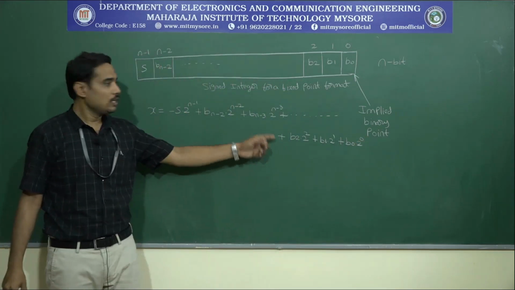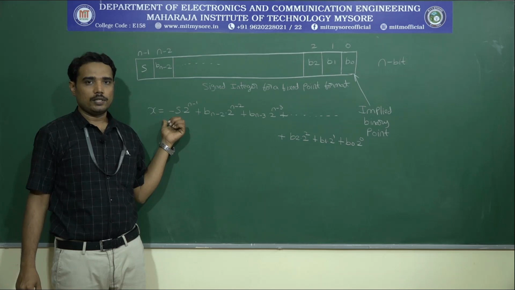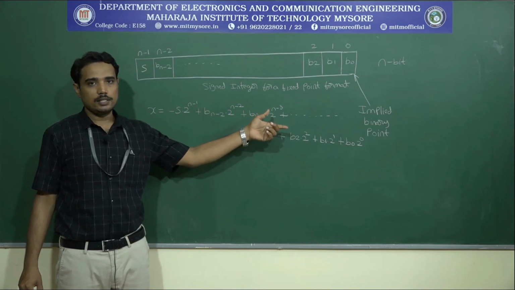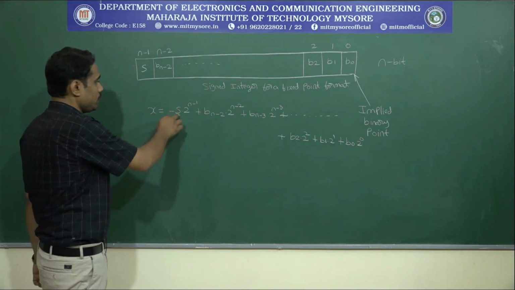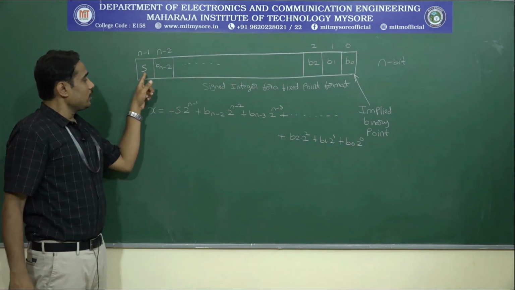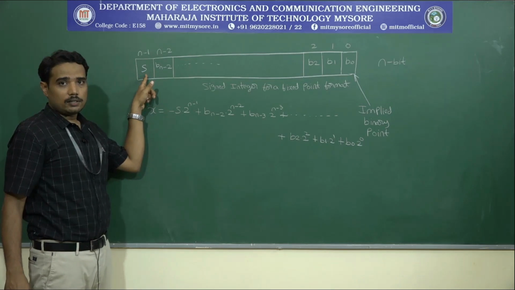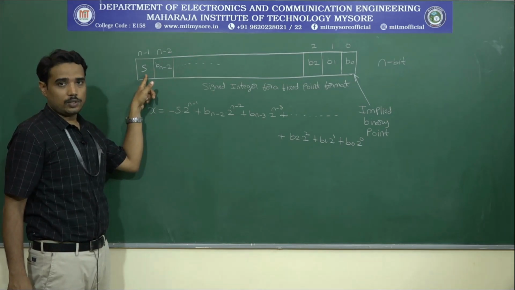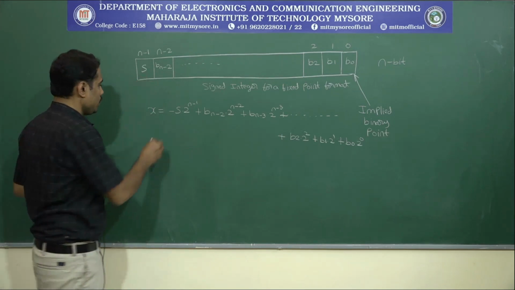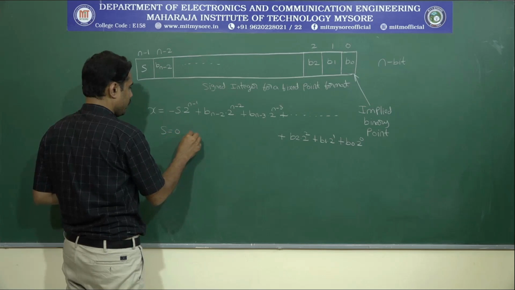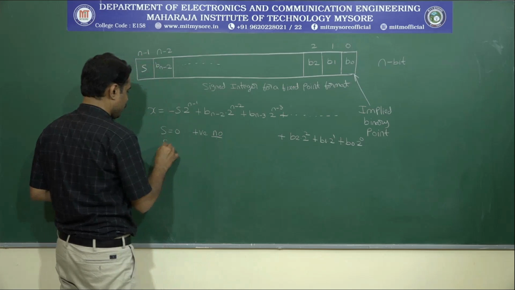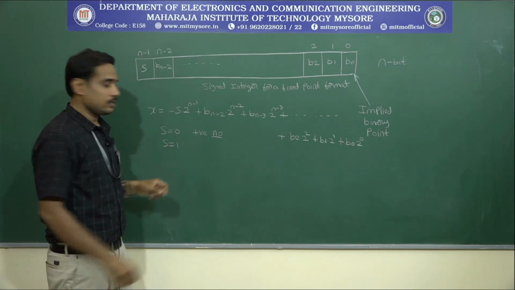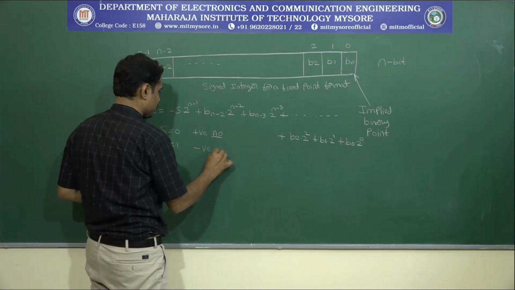In this fashion, we can specify the value of x for signed integer fixed point representation. In this case, the MSB is reserved for sign in order to represent the sign of the integer. If s is equal to 0, then it indicates a positive number. If s is equal to 1, it indicates a negative number.